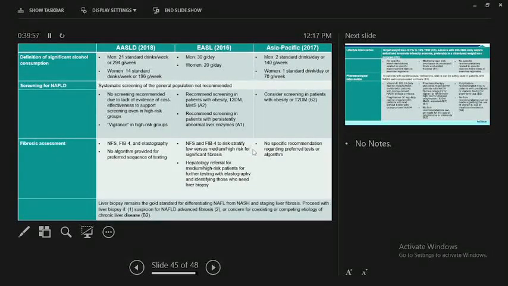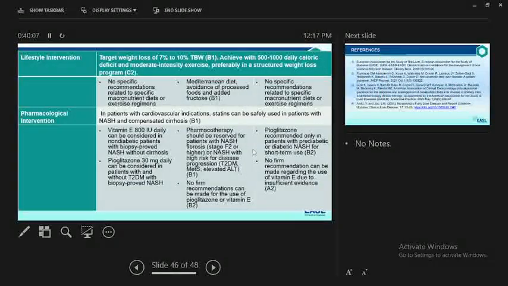So, just to summarize, screening is recommended for patients with metabolic syndrome. For fibrosis assessment, you can use the FIB-4 score for patients with suspected NAFLD or NASH.